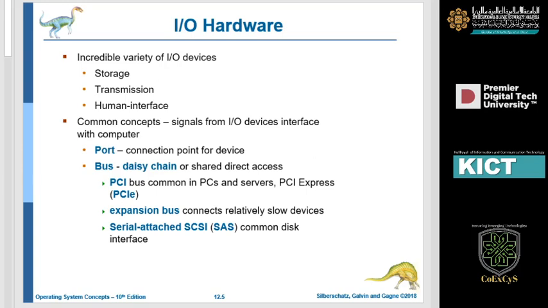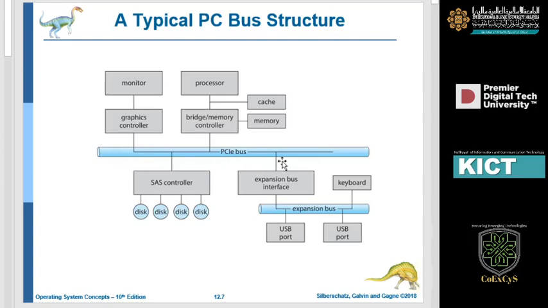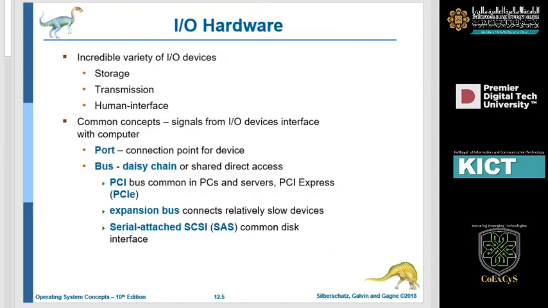Buses are used a lot today. A typical bus structure appears on most of your computer systems, which use the PCIe bus. We're going to see a picture here: a PCIe bus that connects all of your devices.